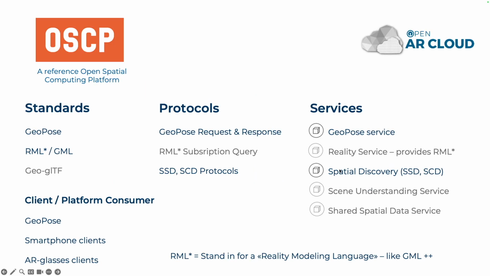And this is exactly where the Open Spatial Computing Platform, OSCP, comes into play. OSCP is a reference implementation that enables geospatially anchored experiences through open standards and open web technologies.